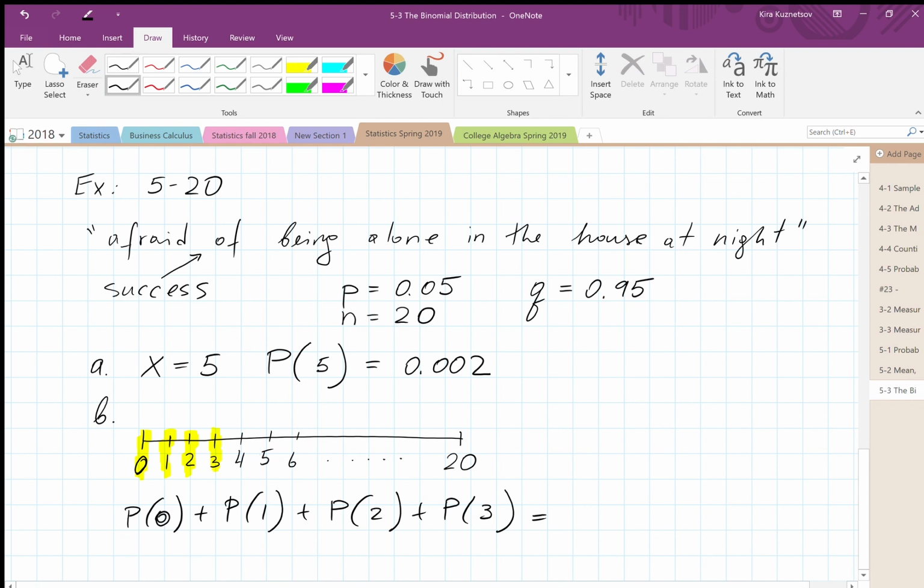I'll show you how to do this on a calculator. The probability of getting at most 3 is written like this: X is less than or equal to 3, and we should be getting 0.984.